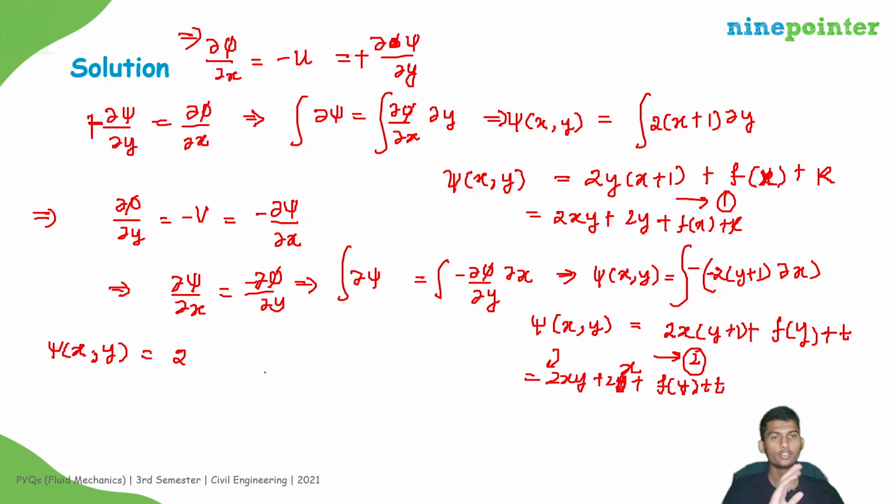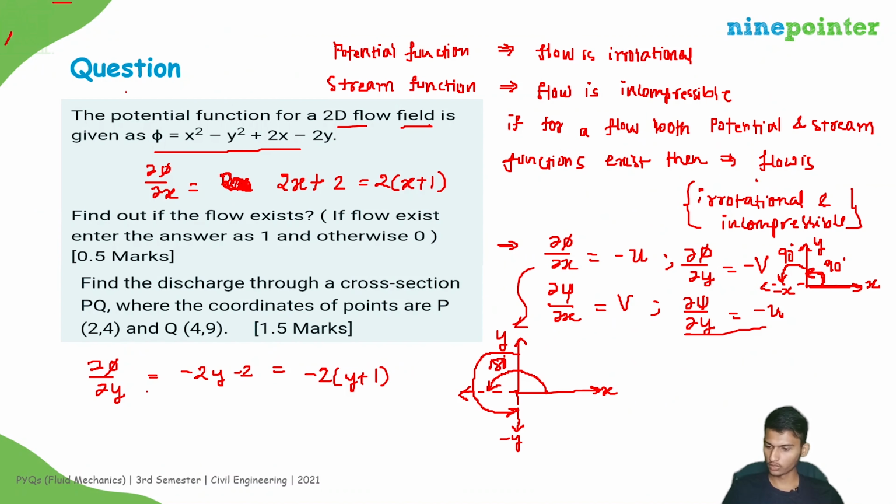So from these two equations we can say that the ψ function will be 2xy plus 2y plus 2x plus some constant k. So here f of x will be 2x and f of y will be 2y, and k and t are equal. So we need to find the discharge through the cross section PQ.